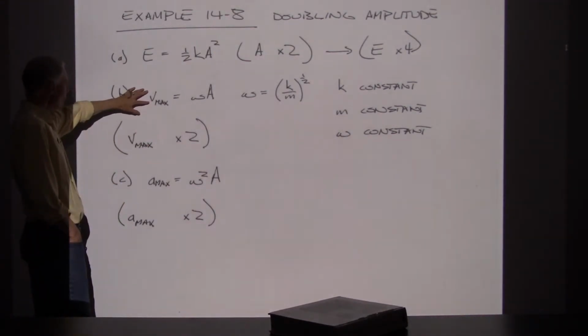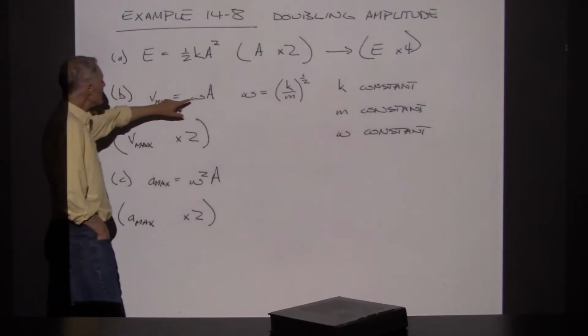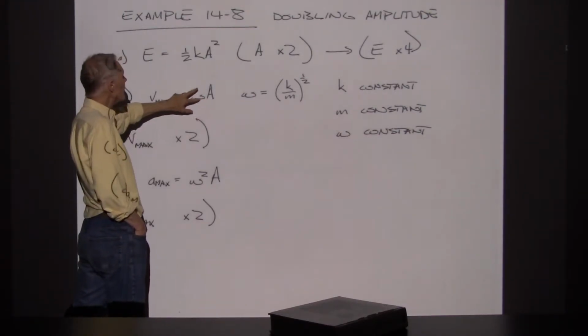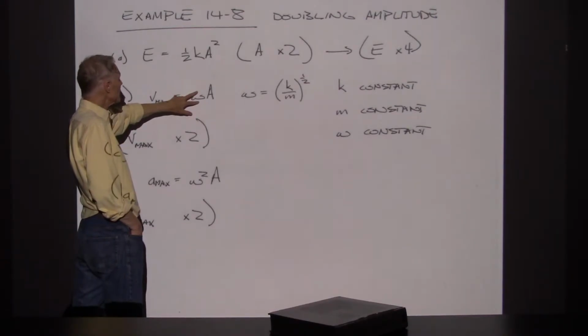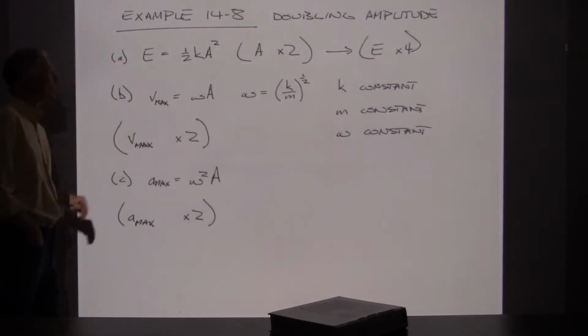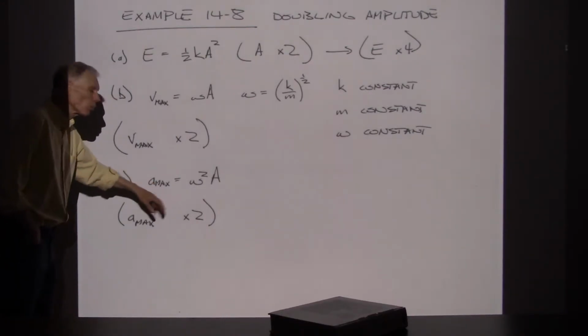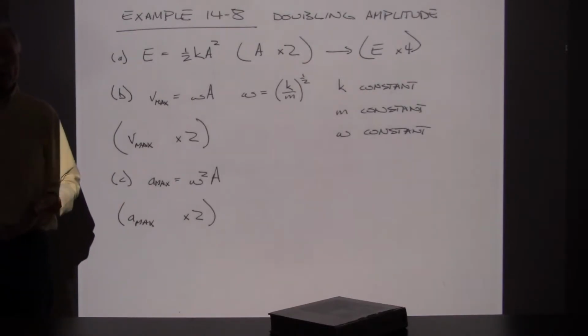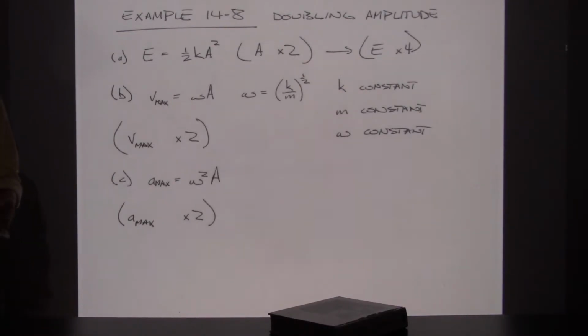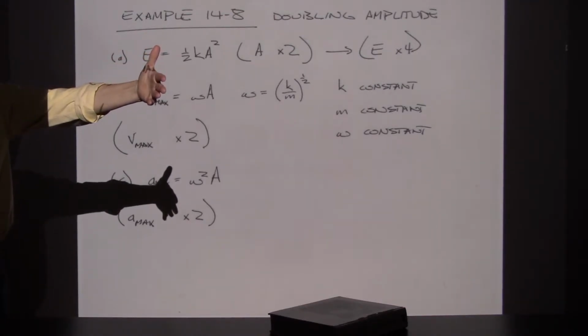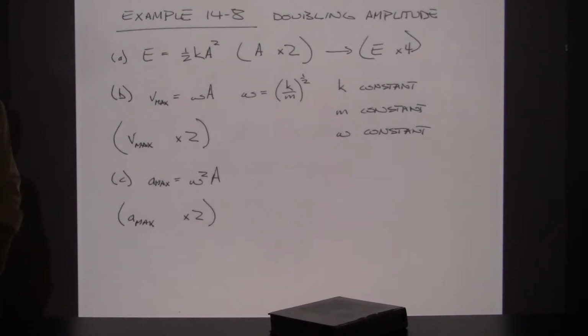What does that say about Vmax? Well, Vmax depends on the amplitude, which is going to double, but the omega is unaffected. So the Vmax also will go up by a factor of 2, and for the very same reason, the acceleration max will also go up by a factor of 2. So it's like what we were talking about. If we double the amplitude, everything happens twice as fast.